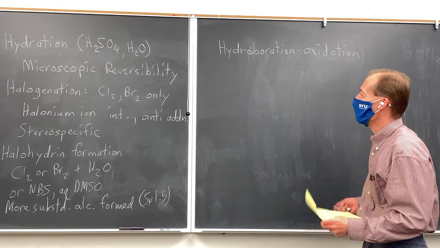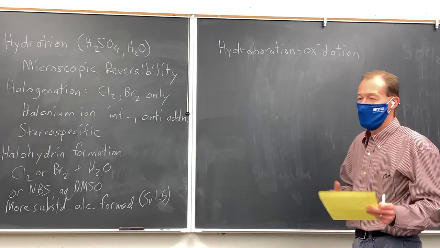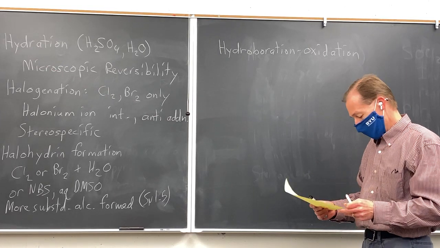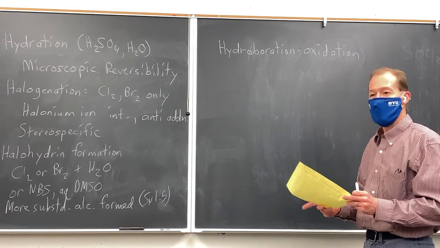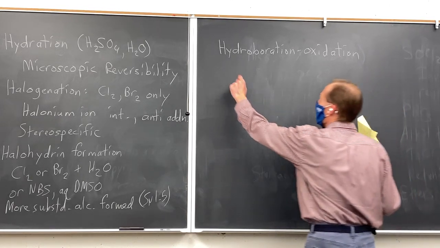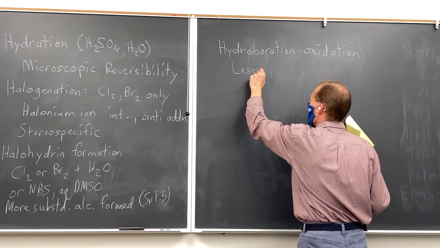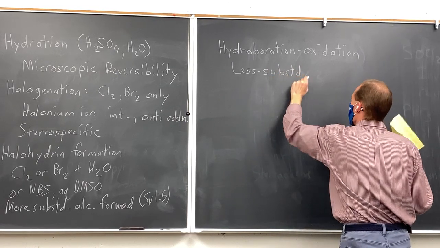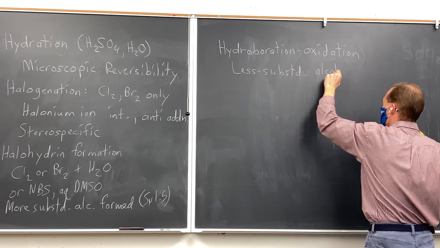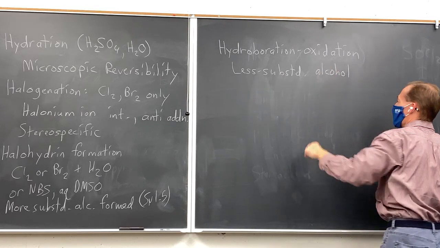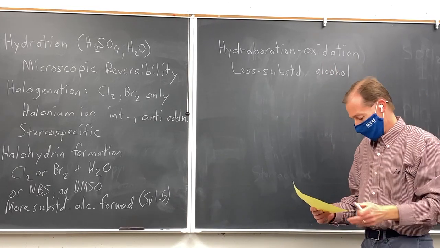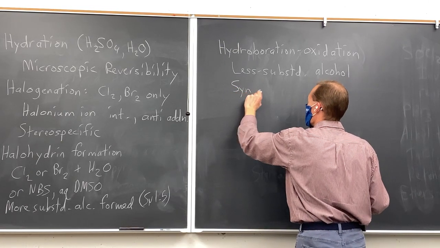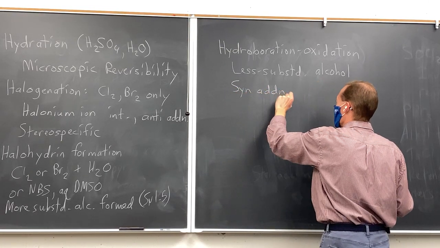The hydroboration oxidation converts alkenes into alcohols, similar to the hydration, but there are differences in mechanism and therefore differences in the products that one obtains. One obtains the less substituted alcohol from this reaction. So it does not follow Markovnikov's rule. We also have syn addition only.